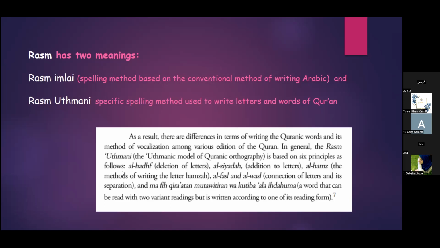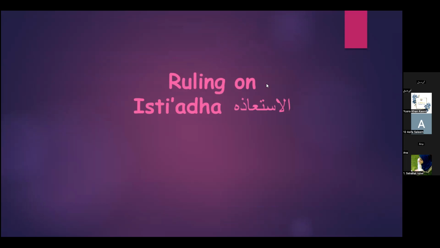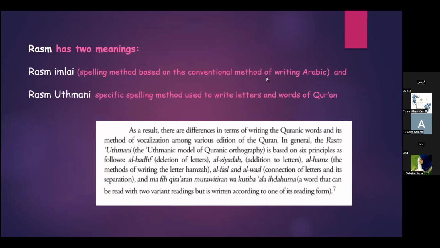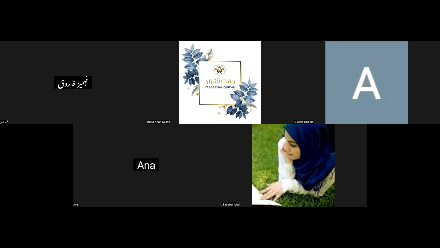So as you can see now, how the Rasm Uthmani was different from Rasm Imla'i. I have a few other examples as well. I would like to share a screen with you of some literature I found online, which was very helpful in understanding how Rasm Uthmani is different from Rasm Imla'i.